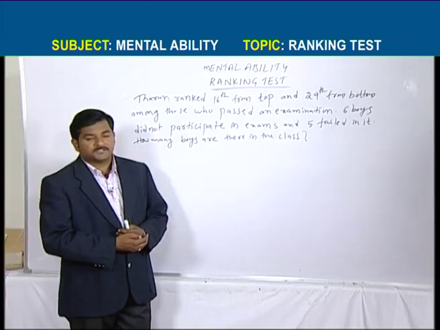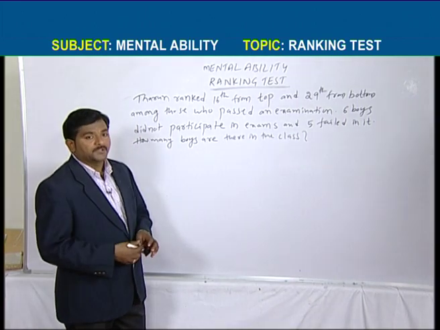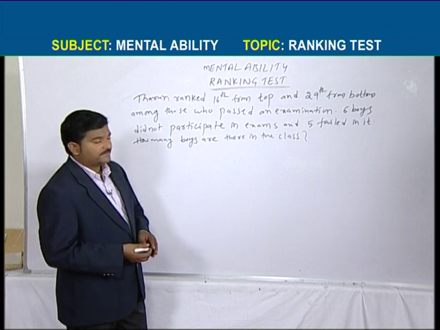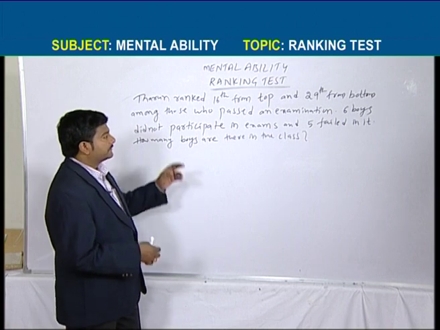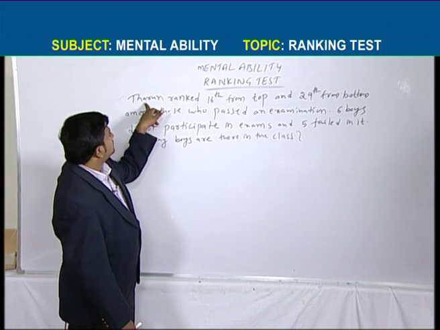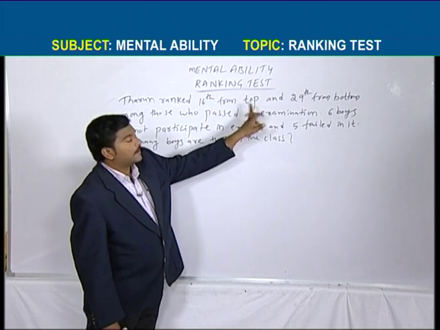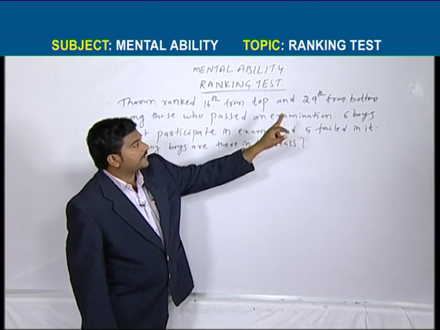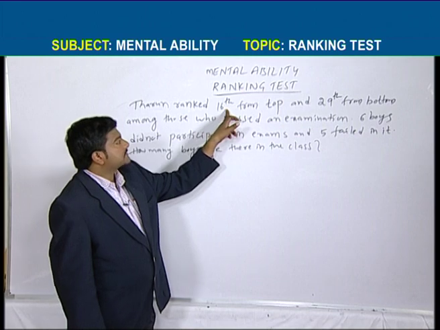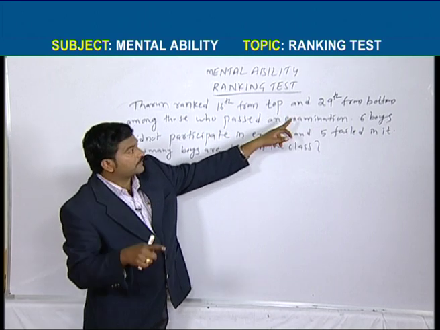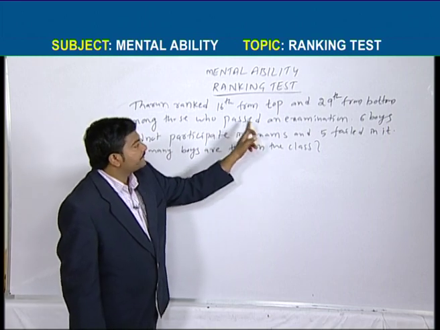Okay, so now this is a different model in the ranking concept. Now we will read out the question, then we will try to solve it using that formula. Whether the formula is applicable or not, we will come to know after reading the question. See, question. Tarun ranked 16th from top and 29th from bottom among those who passed an examination.